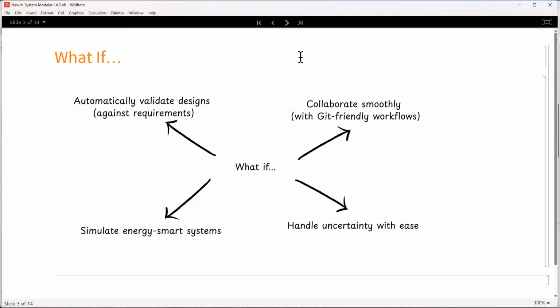What if we could validate thousands of scenarios automatically, build models of microgrids or HVAC systems quickly with ready made components, iterate on designs faster with live tuning, and collaborate seamlessly across teams? That's the vision driving System Modeler 14.3. Let's see how it comes to life in the new capabilities and libraries that we have added.